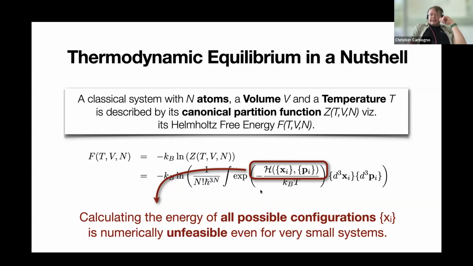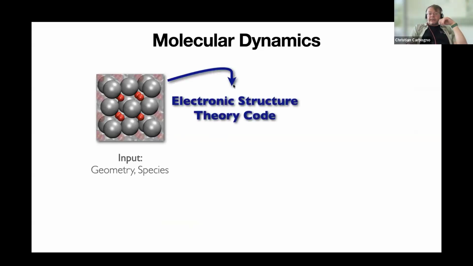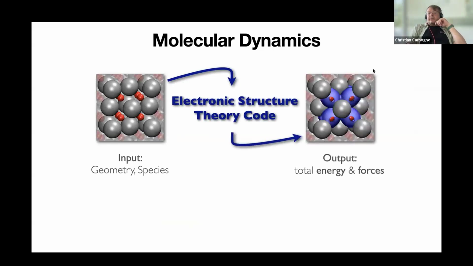So what are we doing instead usually? We run so-called molecular dynamics calculations. In molecular dynamics, we again start with some kind of input structure. We feed that to the electronic structure theory code. This code then gives us the electronic density, but also the energy and forces.